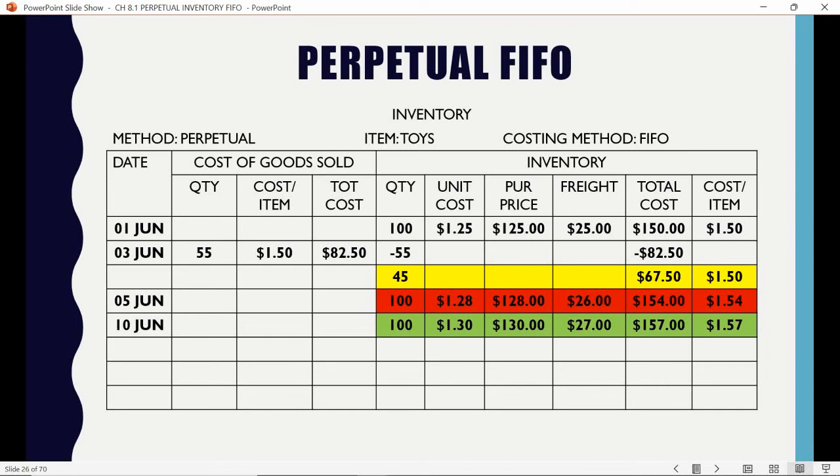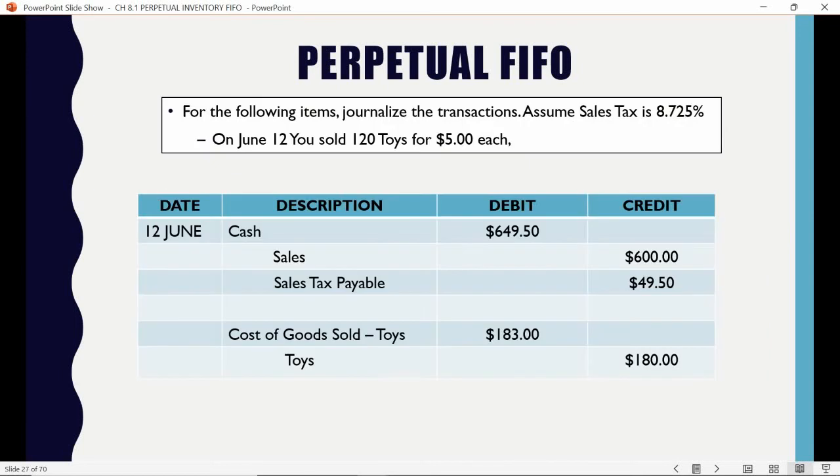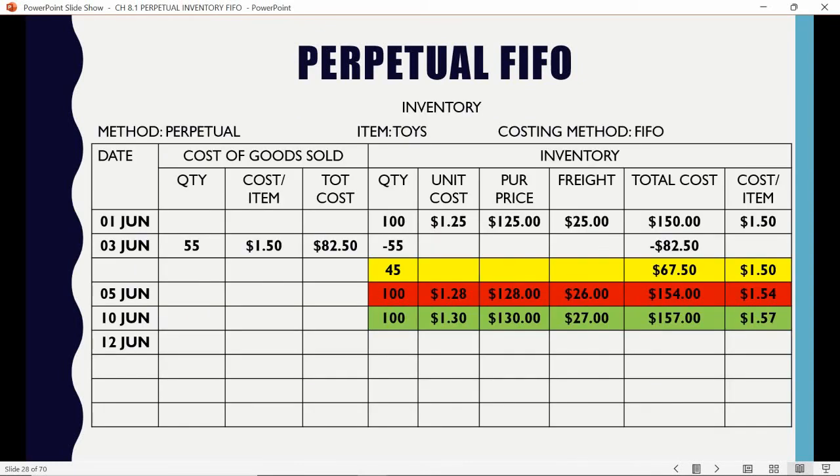So then now the next time I sell something, here's the example where on June 12th we end up selling 120 toys for $5 each. So in this case I need to figure out how much 120 toys is going to cost me from my inventory.